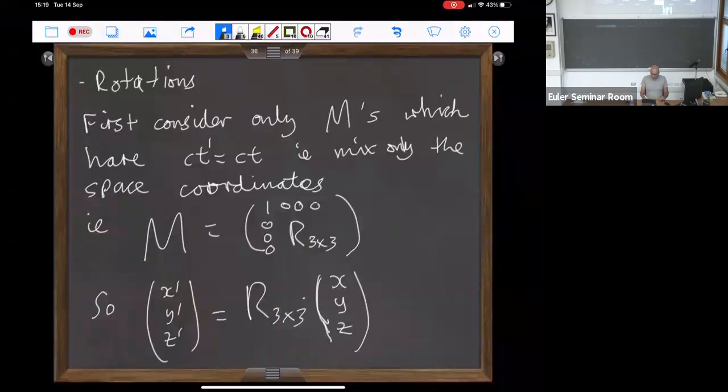So for those transformations, the matrix will look like the one I've written here. There's a 1 in the top left because it will take t prime to t. And then you can have a non-trivial 3x3 block which acts only on the spatial coordinates.